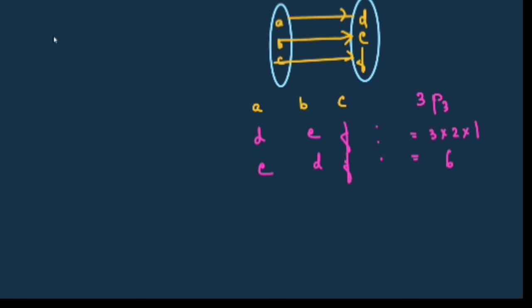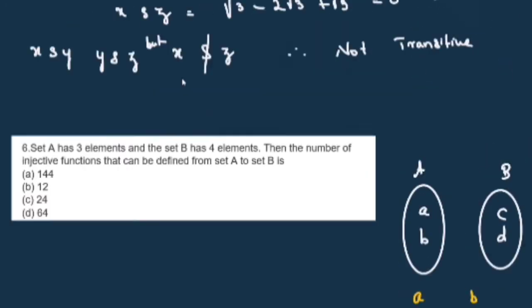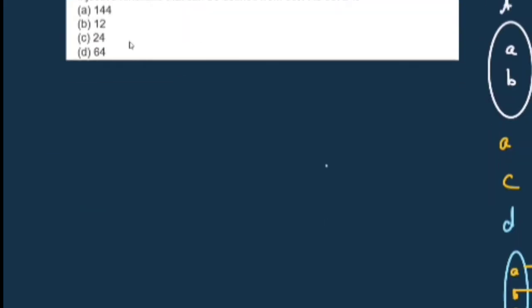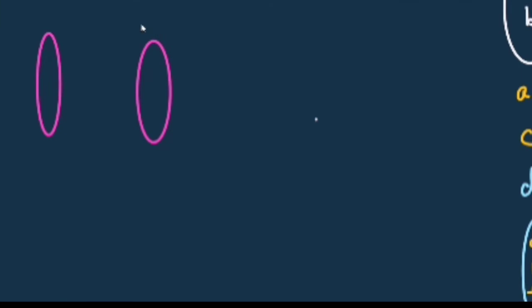Suppose you have 4 elements. The question here: A has 3 elements and B has 4 elements. Suppose you take A, B, C, and here take X, Y, Z, and U. What are the various possibilities?